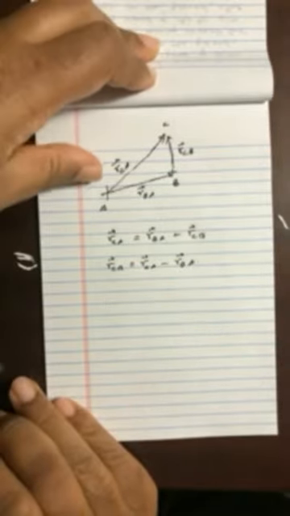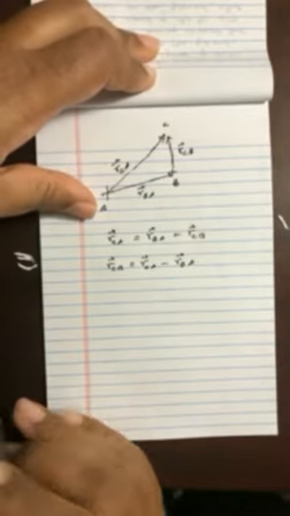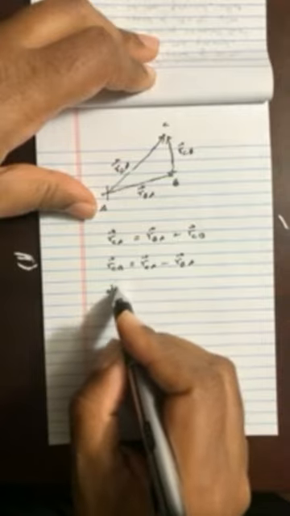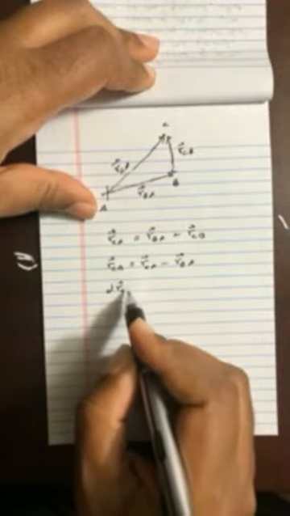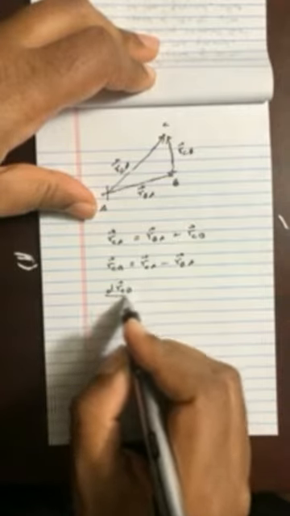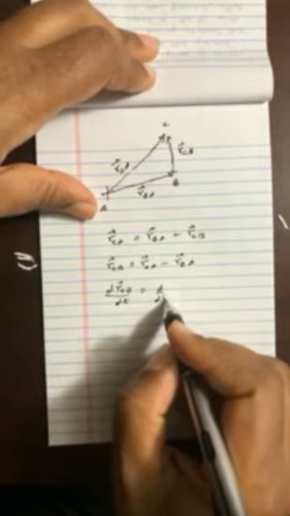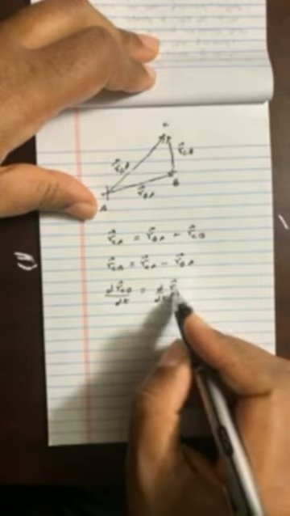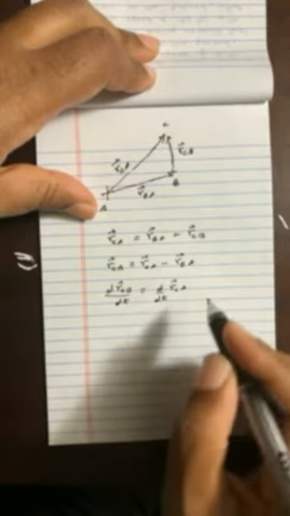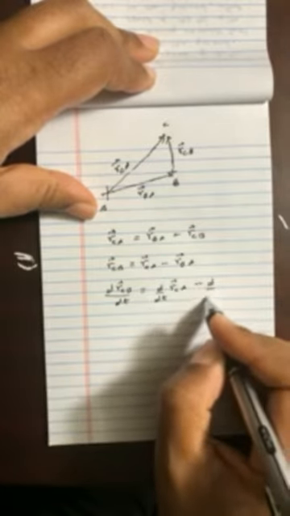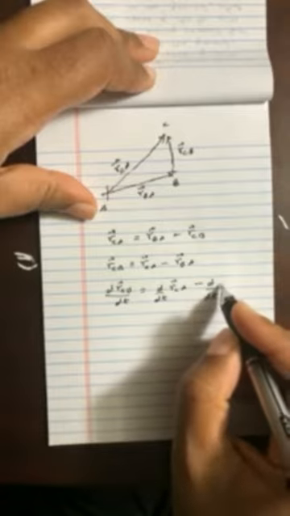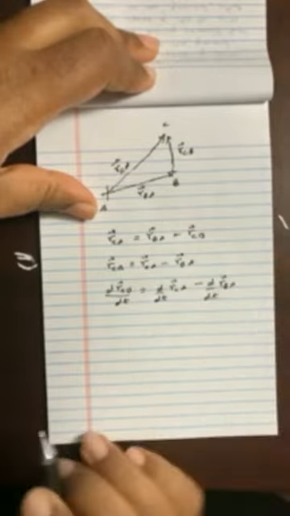Now to find the velocities, we take the derivative of this equation. So you've got the derivative of the position vector of C with respect to B with respect to time equals the derivative of the position vector of C with respect to A with respect to time minus the derivative of the position vector of B with respect to A with respect to time.